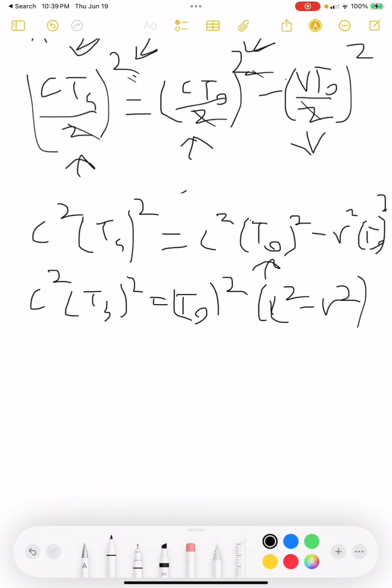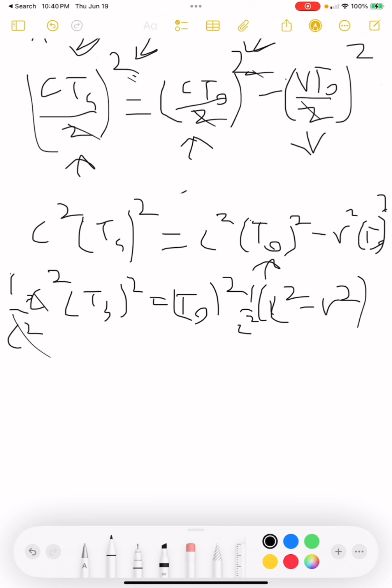Dividing by c squared is the same as multiplying by 1 over c squared.